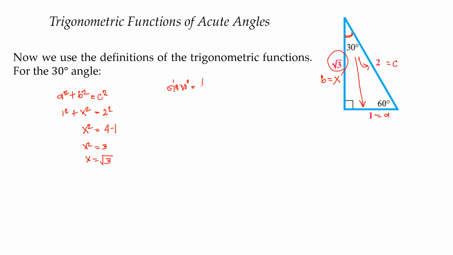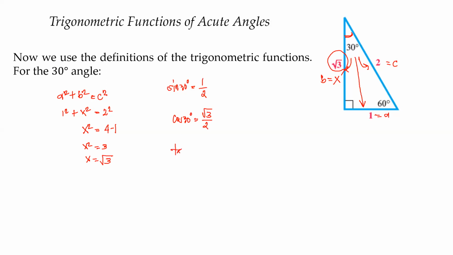So sine 30 is 1 over 2. Next, cosine 30 degrees. Cosine is adjacent over hypotenuse. Now, adjacent to the 30-degree angle is the square root of 3, which is our x. So that is square root of 3 over 2.